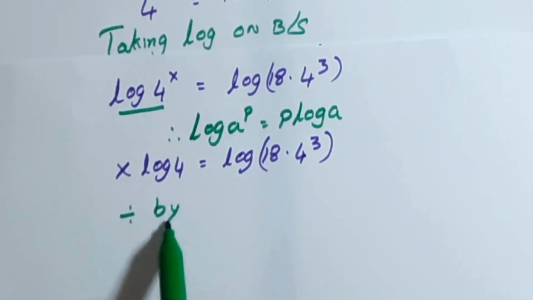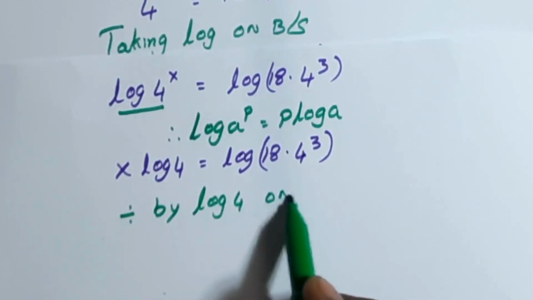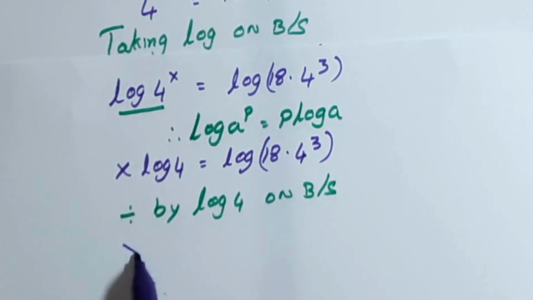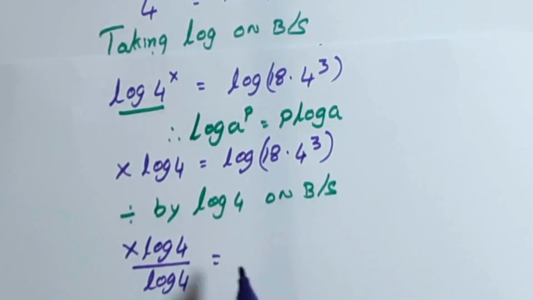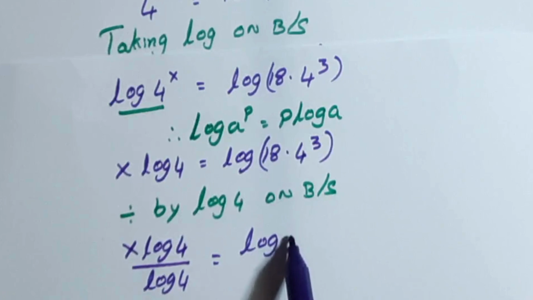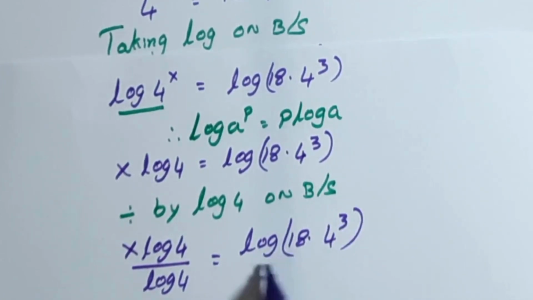Divide by log 4 on both sides. X log 4 by log 4 equal to log 18 into 4 power 3 by log 4.